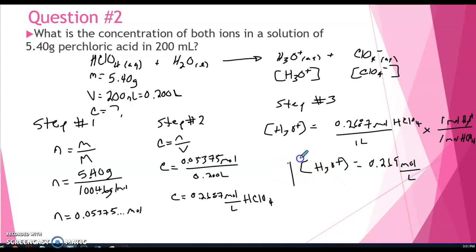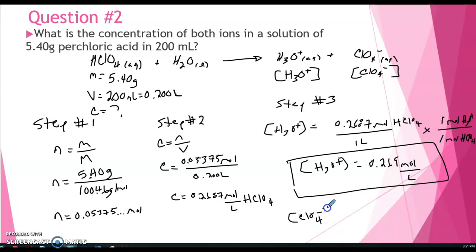So there we go, we have our concentration of hydronium, and the concentration of chlorate would be the same process. I'm just going to leave it out for now. If you're confused on how to do that, feel free to message me about it, and I'll give you a little info about it.